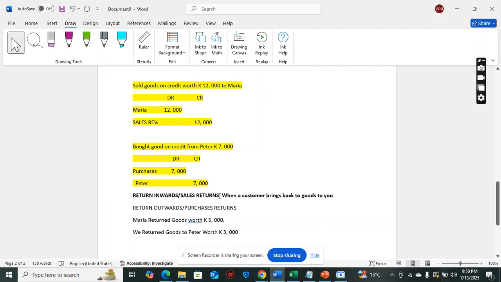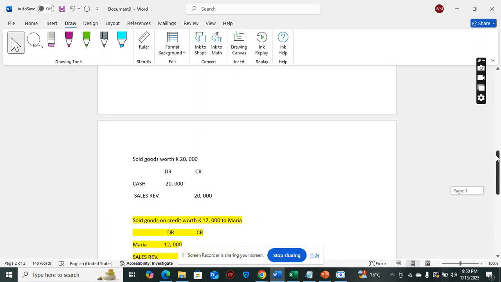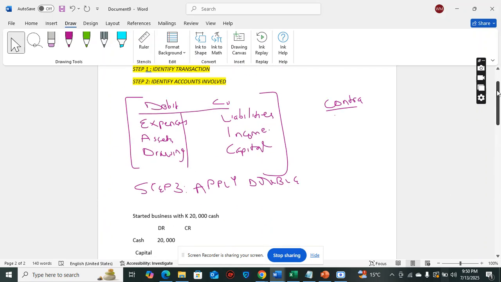Yes. So this return inwards or sales returns is a contra revenue account. If we remember our double entry rules, revenue falls under income. Revenue and income increase with credit.